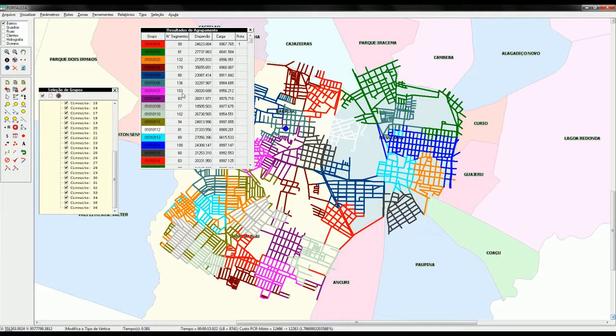These are the circuits solved. From now on, we can associate circuits to sectors, then sectors to ZGLs, and so on, making the reverse process.